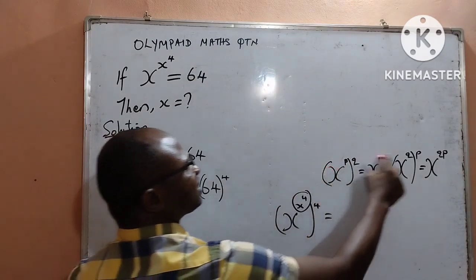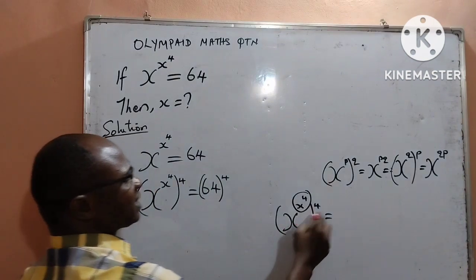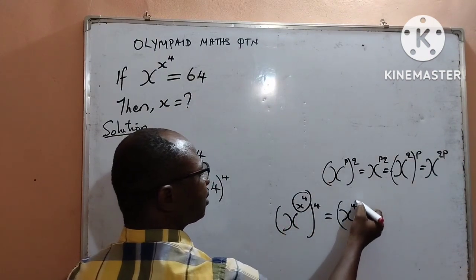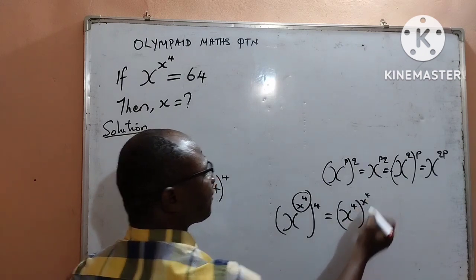But I interchanged it here, so I can now write it as x to the power of 4 all to the power of x to the power of 4.